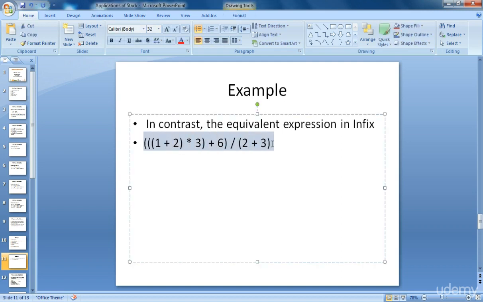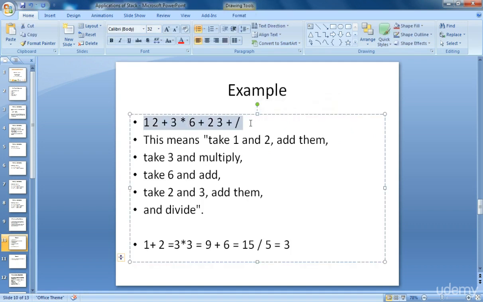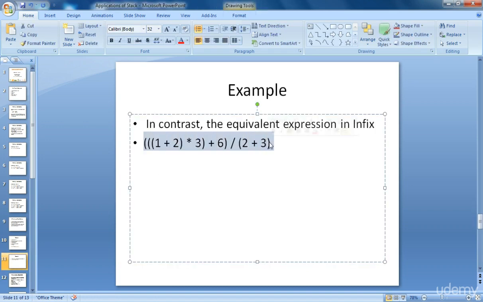As you can see, we are using many brackets to express this expression. The postfix form was more simplified and no brackets were used, but in the infix form, we need brackets to make the expression readable and to express it correctly.